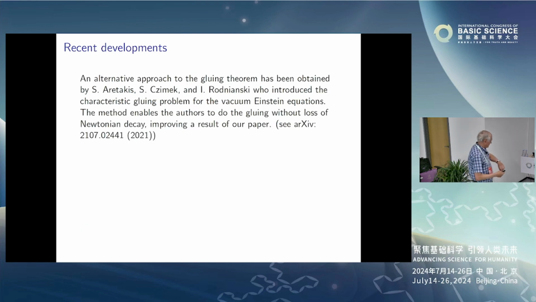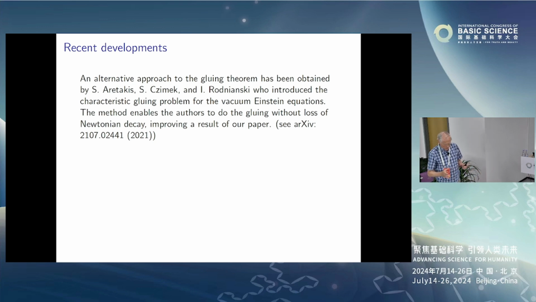Okay, so let me close by talking about some more recent work on this. There's a series of papers. The first one is from 2021. These authors, Zaratakis, Zimak, and Rodniansky, introduced a method called the characteristic gluing problem for the vacuum Einstein equations.